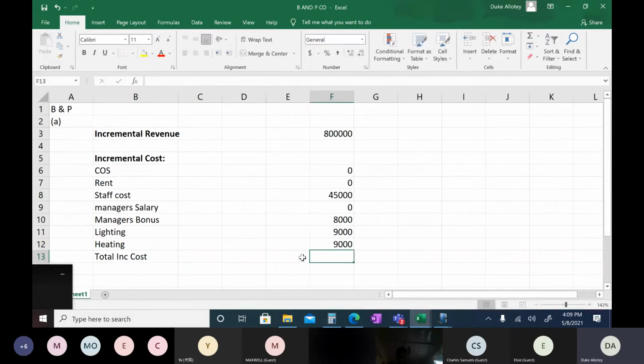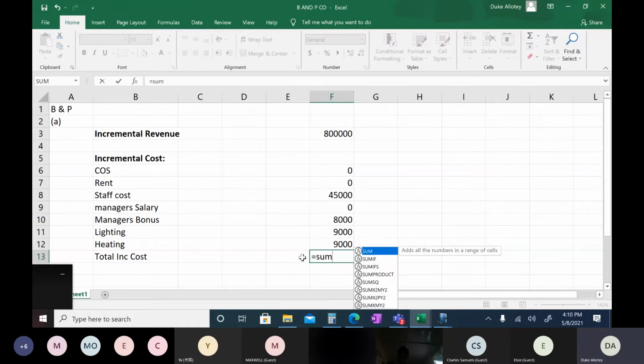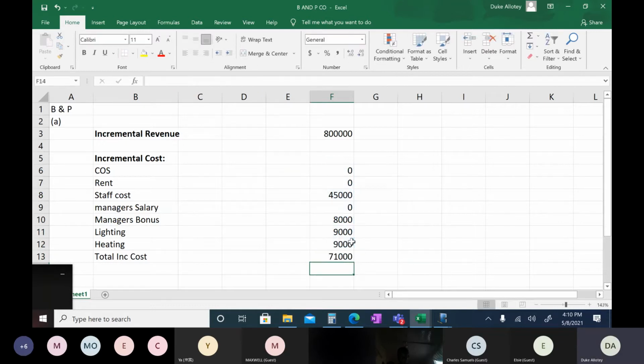Now that total will be the sum of all the values here. So it's going to be sum, open up a bracket, B to F6, scroll it down to this and have this.